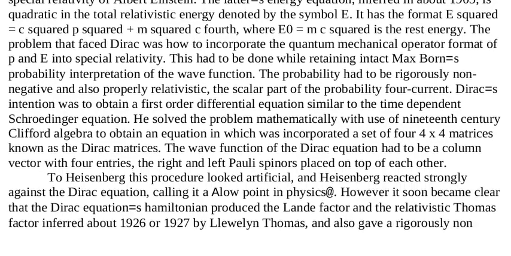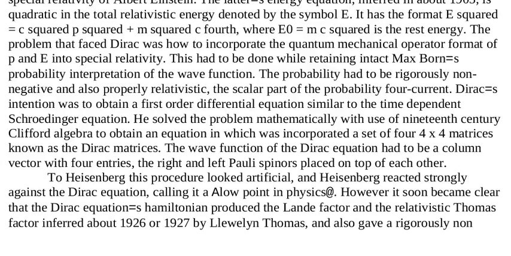The wave function of the Dirac equation had to be a column vector with four entries, the right and left Pauli spinors placed on top of each other. To Heisenberg, this procedure looked artificial, and Heisenberg reacted strongly against the Dirac equation, calling it a low point in physics.